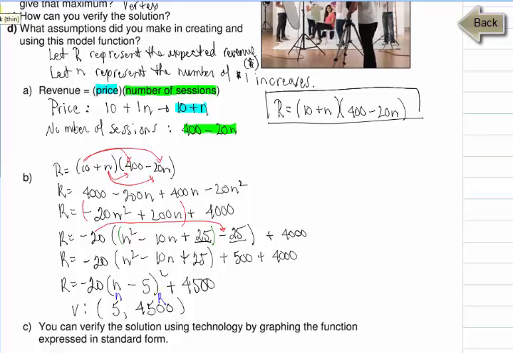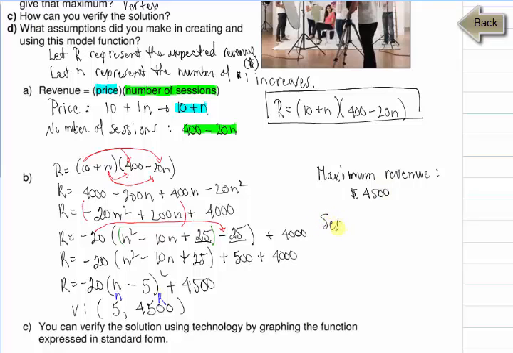So we can now answer the question, which is, what is the maximum revenue that they can expect? So the maximum revenue will be $4,500. And what session fee will give that amount?